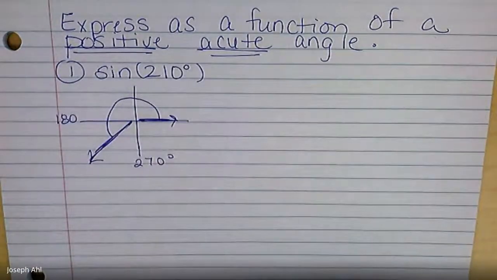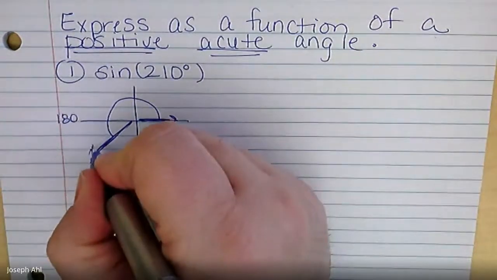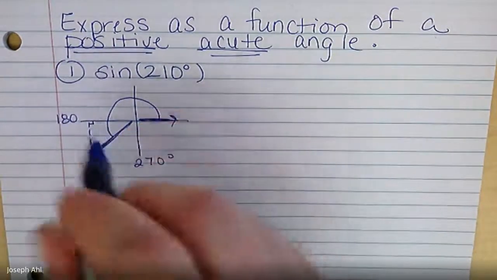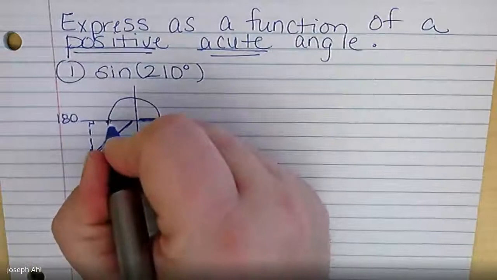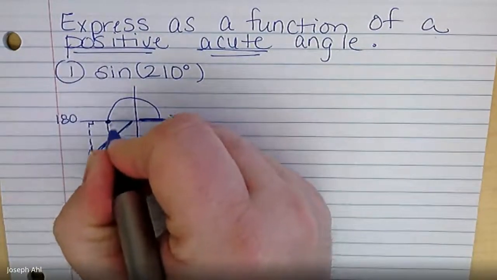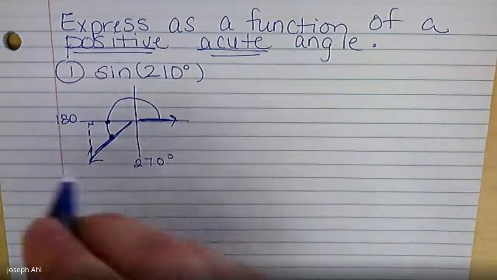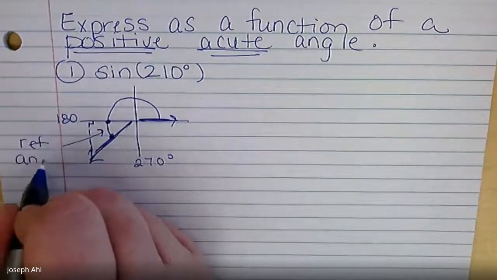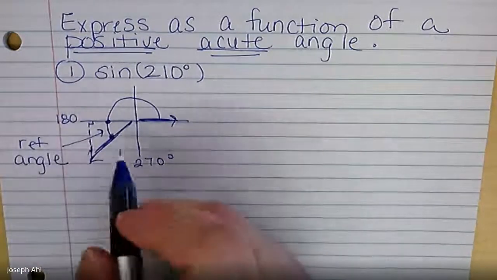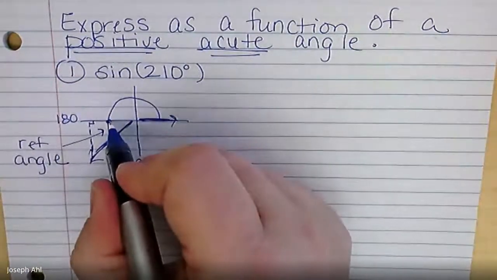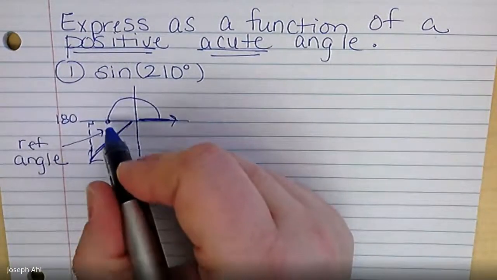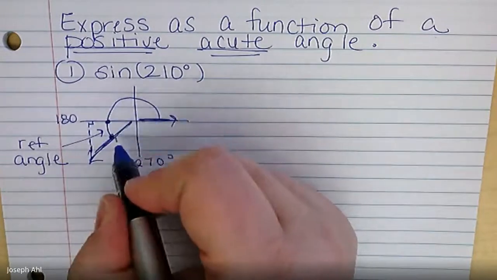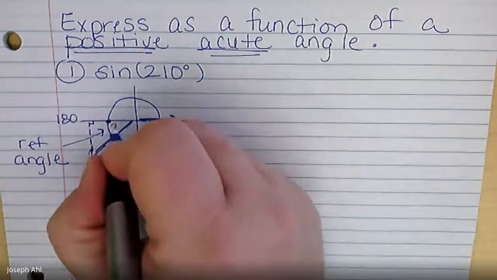Well, what I want you to determine is, if I were to draw this triangle that connects back to the x-axis here, what is this angle right here? What's that little part that's in the third quadrant? That piece, by the way, is called the reference angle. So let's think of this: I've gone 180. How much further do I have to go to get to 210? Or take the full angle 210, subtract 180. Isn't this reference angle 30 degrees?